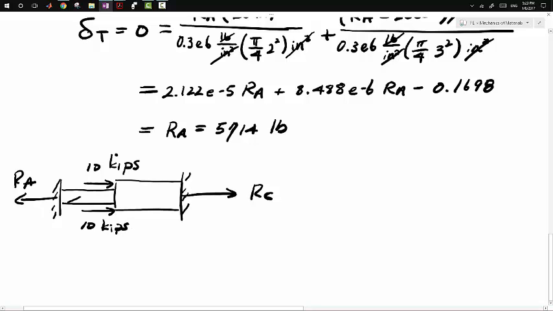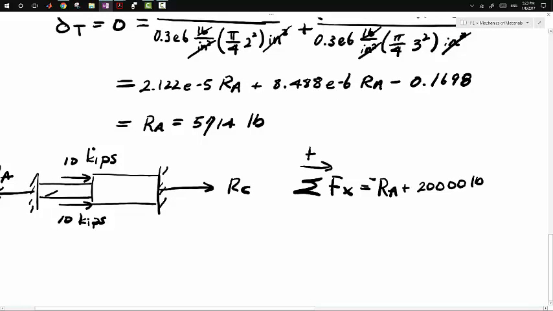So we can do sum of the forces in the X direction. This is positive. So we'll have minus RA plus, I'm going to change 20 kips to pounds, so multiply 20 by 1,000, we'll get 20,000 pounds, plus RC is equal to 0.